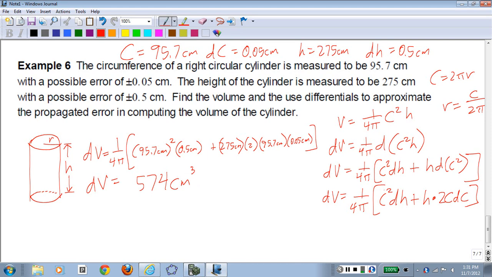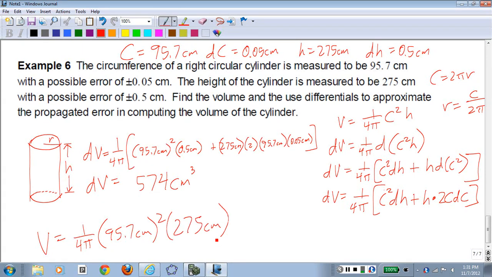So I wonder if this is a relatively small portion if we compare it to the calculated volume. If we compare this to V, which would be, if we use the right formula, 1 over 4 pi times 95.7 centimeters squared times 275 centimeters.